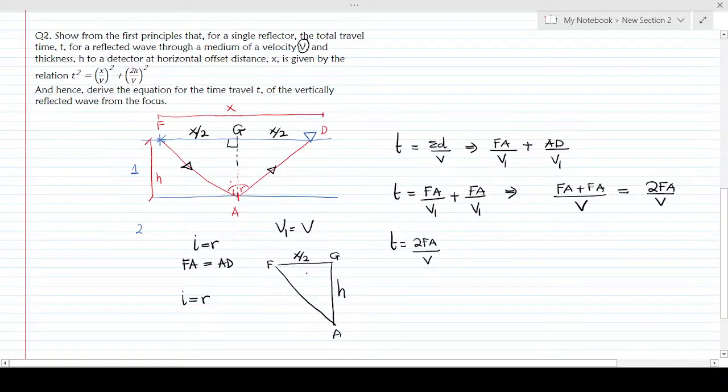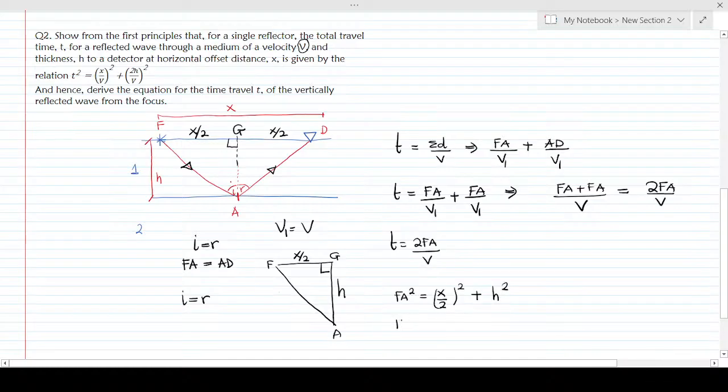Now we are looking for FA. If you look at it very carefully, it's a right angle triangle, and FA is our hypotenuse, right? So FA squared is equal to X over 2 squared, that is the base, plus the height H squared.